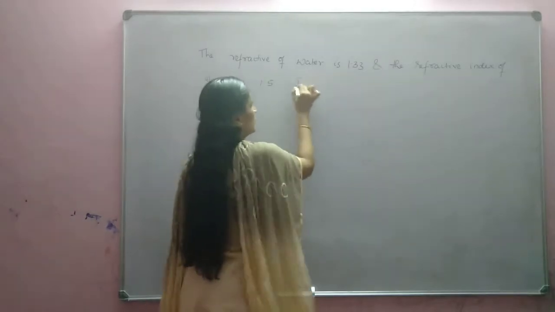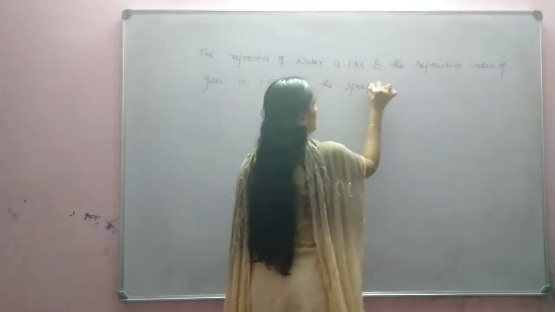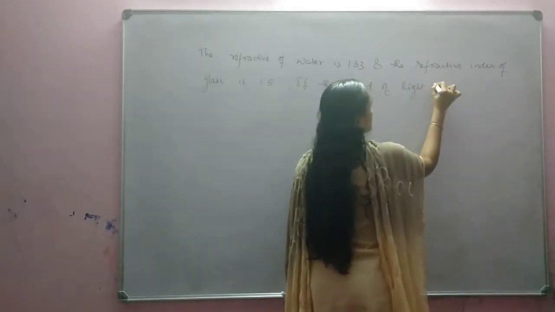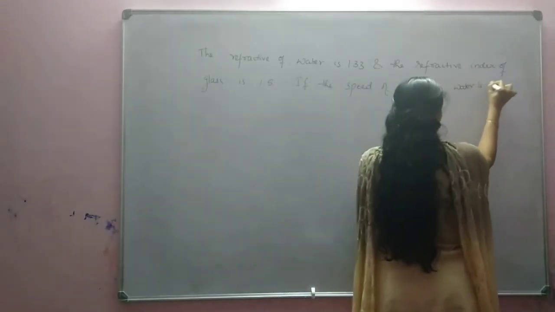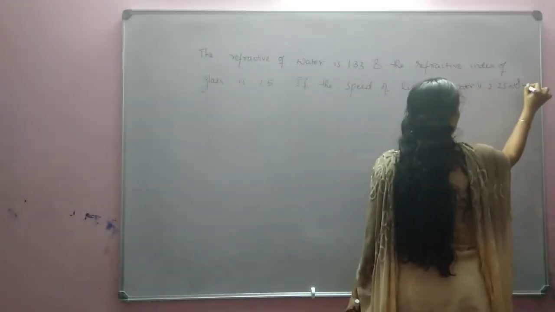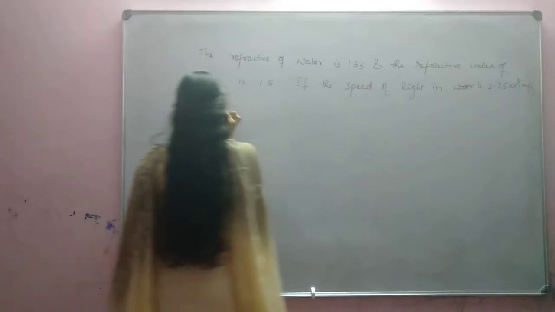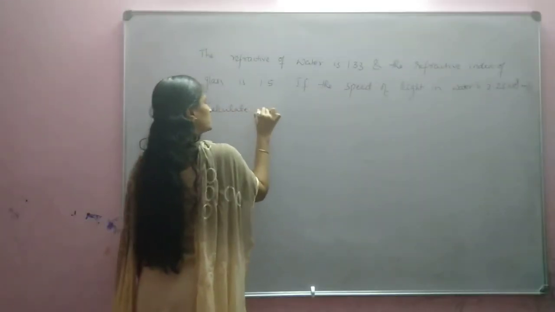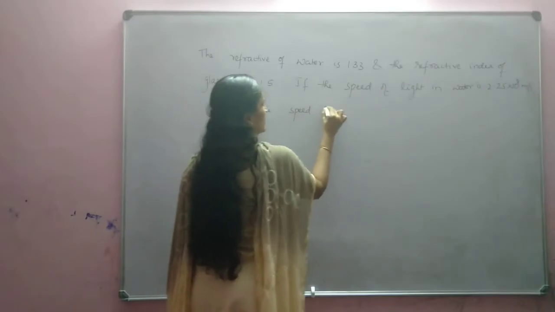If the speed of light in water is 2.25 into 10 raised to 8 meter per second, calculate the speed of light in glass.